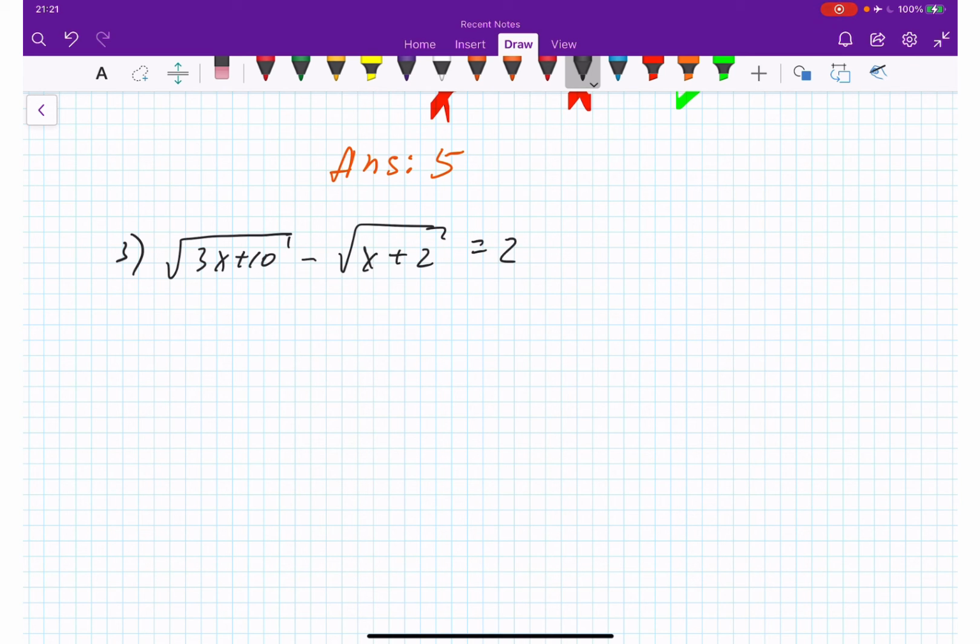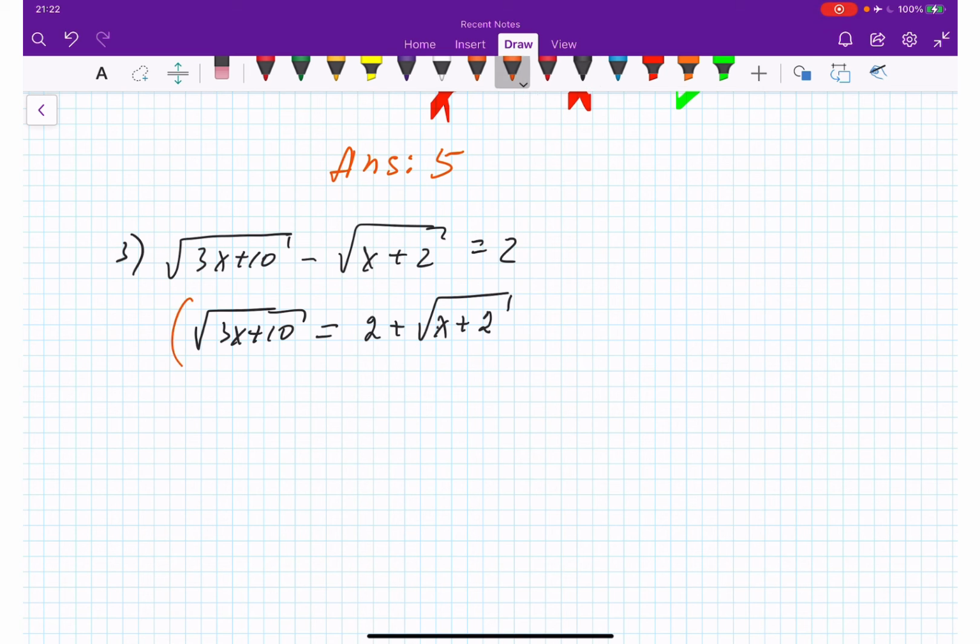All right, since we have square roots on both sides, I would like to move one of the square roots to the other side, which is going to be square root 3x plus 10, and this is equal to 2 plus square root x plus 2, right?